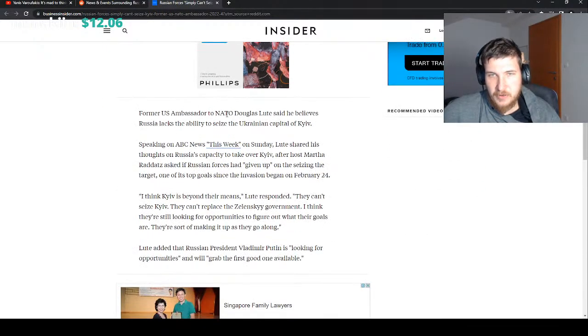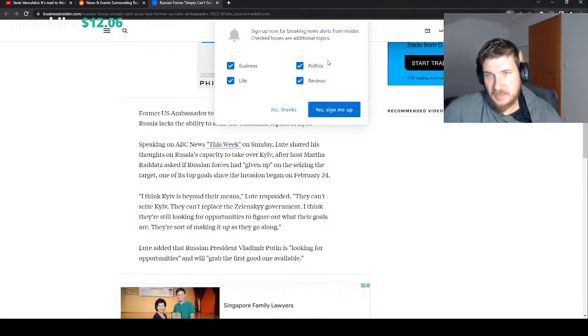Former US ambassador to NATO said he believes Russia lacks the ability to seize the Ukrainian capital of Kiev. I mean, who doesn't, right? Who doesn't really lack the ability to seize one of Europe's biggest cities? Like, what? I think Kiev is beyond their means. They can't seize Kiev, they can't replace the Zelensky government. I think they are still looking for opportunities to figure out what their goals are.